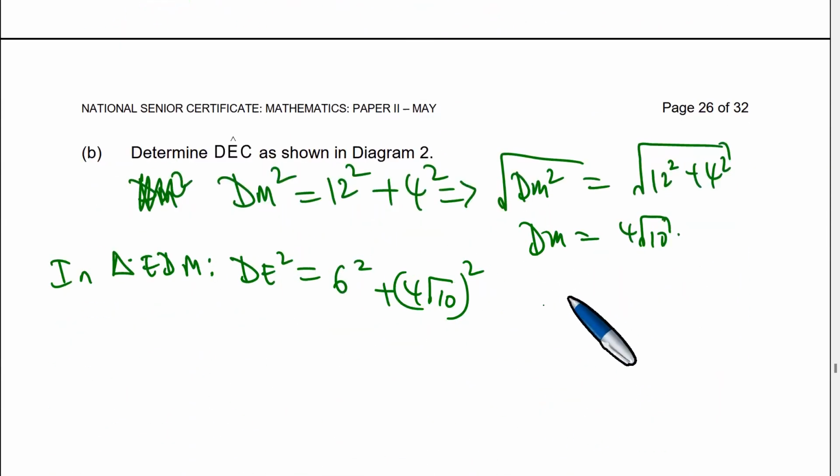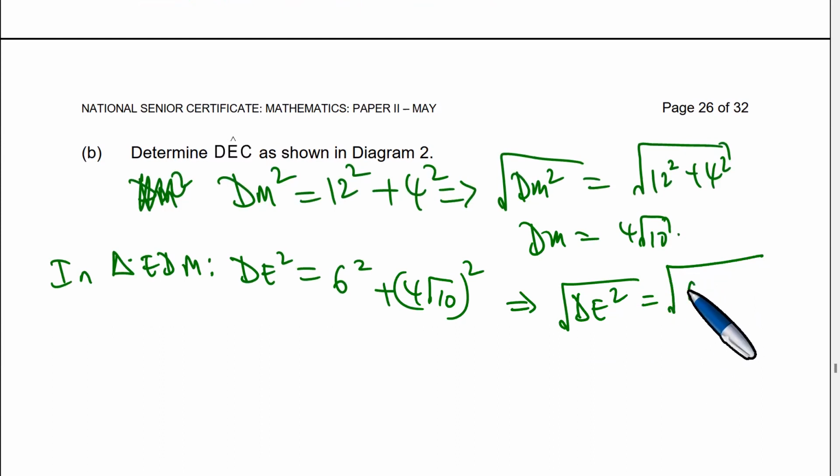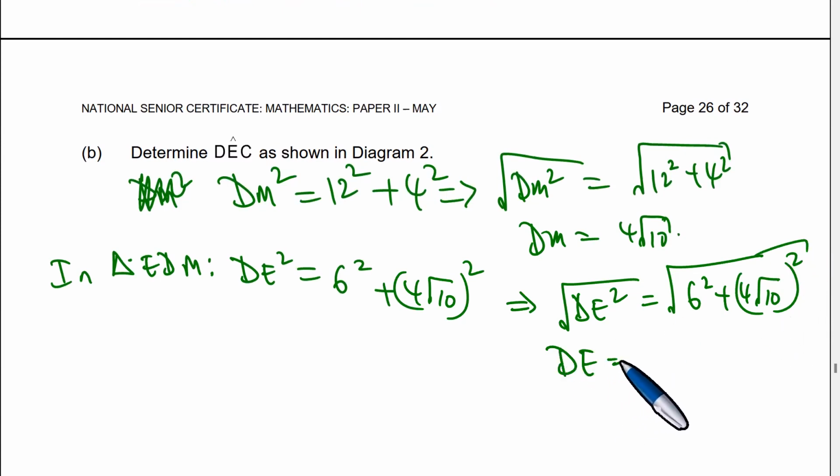And this means DE is the square root of 6 squared plus 4 square root of 10 squared. You square this.